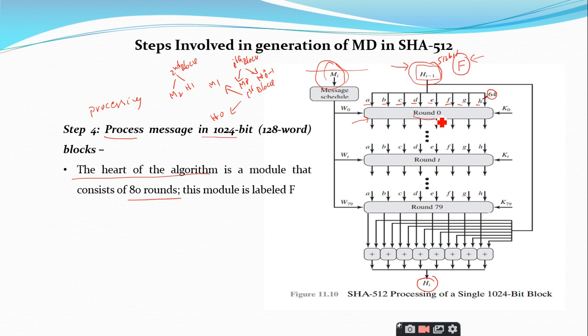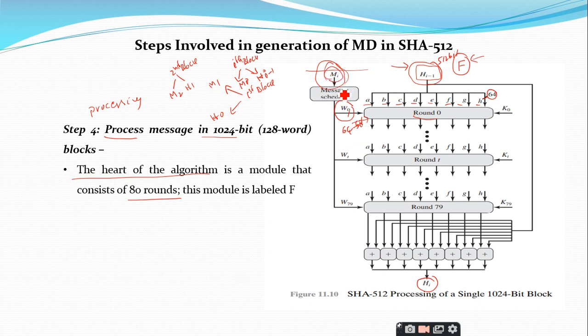If you consider each round t, it makes use of another 64-bit value, that is Wt, very important. You can see here that Wt is being generated. This is a 64-bit value, and it is derived from Mi.